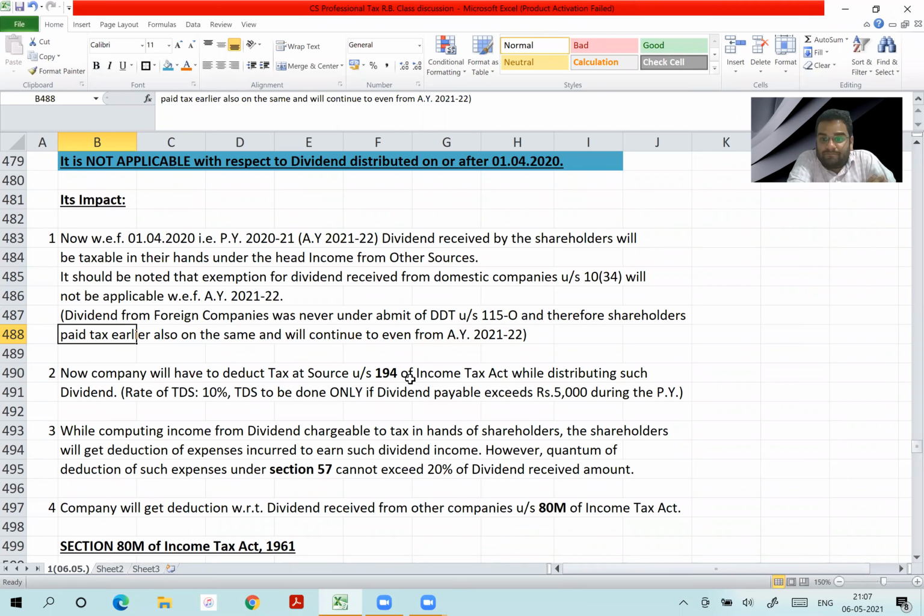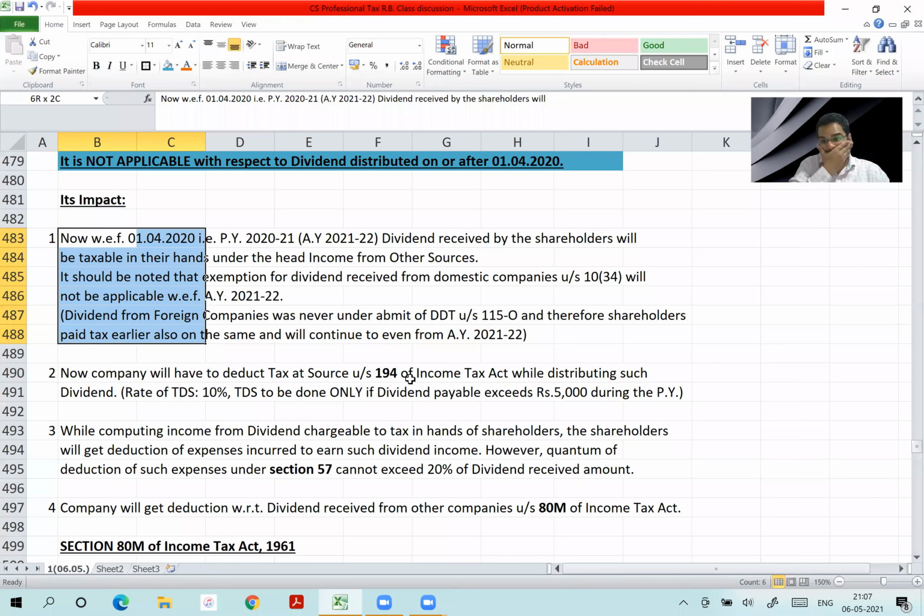Okay, second point. Now the company will have to deduct tax at source under section 194 of the Income Tax Act while distributing such dividend. The rate of such TDS will be 10%, and TDS will be done only if dividend payable exceeds rupees 5,000. But in my opinion, the second point is not so important from the CS professional exam perspective. First point is important, yes, not second point.